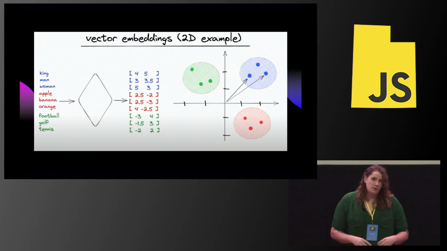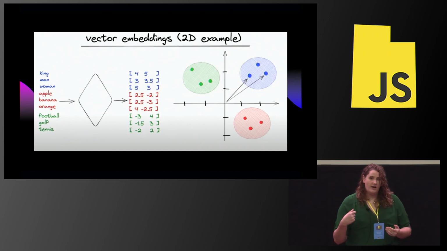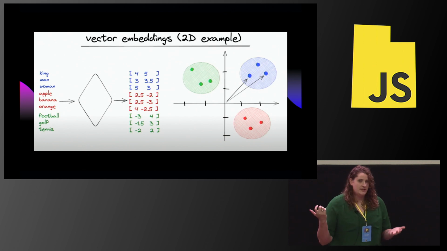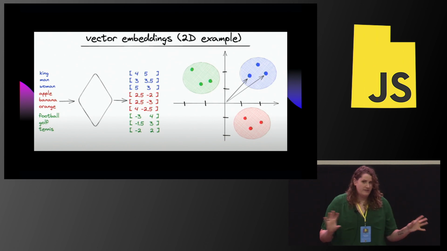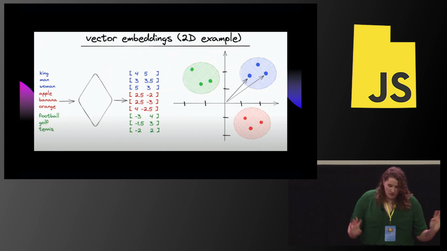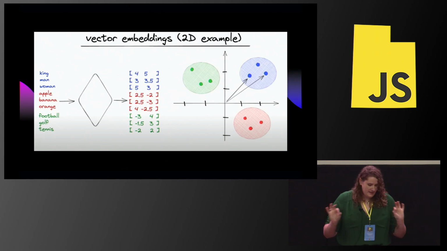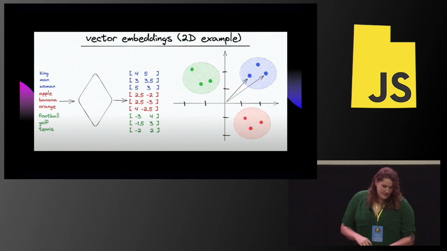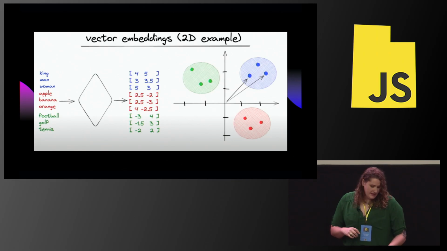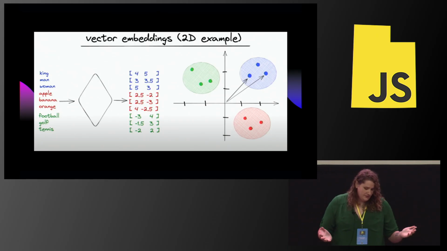Not only of what's in it, but even paint styles. Some of the better embedding models can even get themes, all from just a line in space. But you can see here, if there's a king, it comes out to that. If there's a man or a woman, it comes out to those things, and so on and so forth.